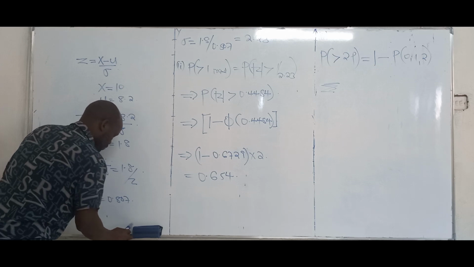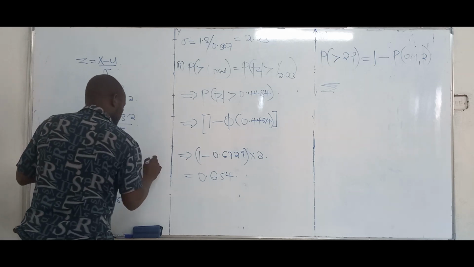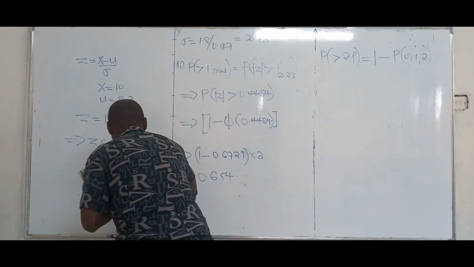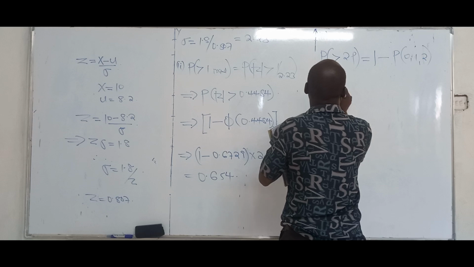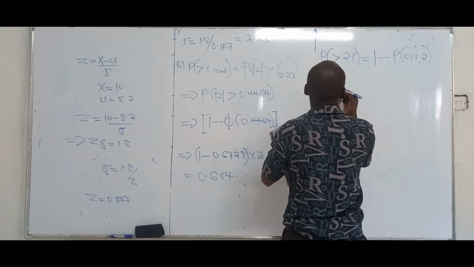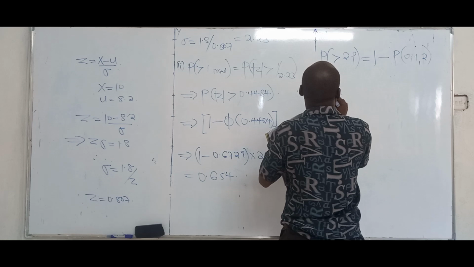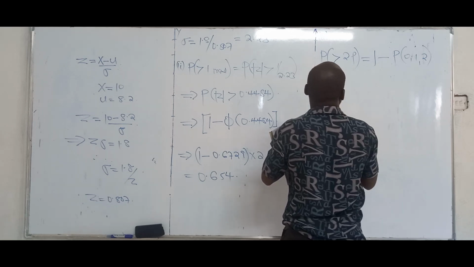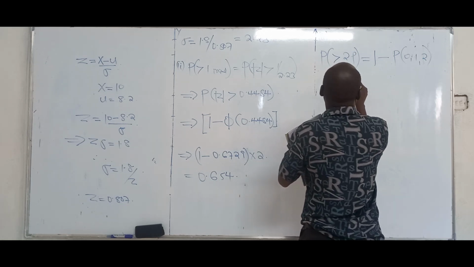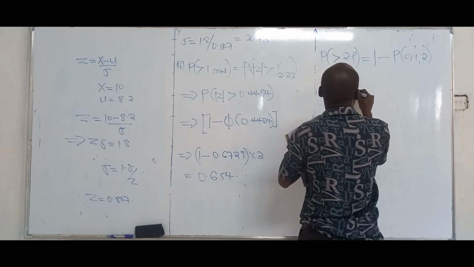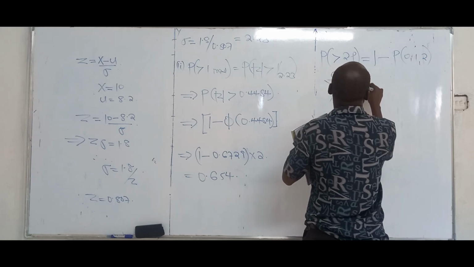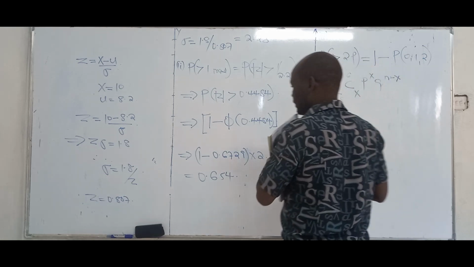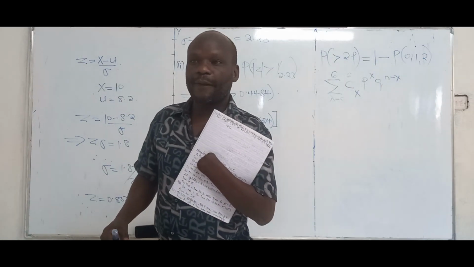It will be summation, x from 0 to 6, of C6 combination x, p raised to power x, q raised to power n minus x, like that. That will be the expression of the probability.